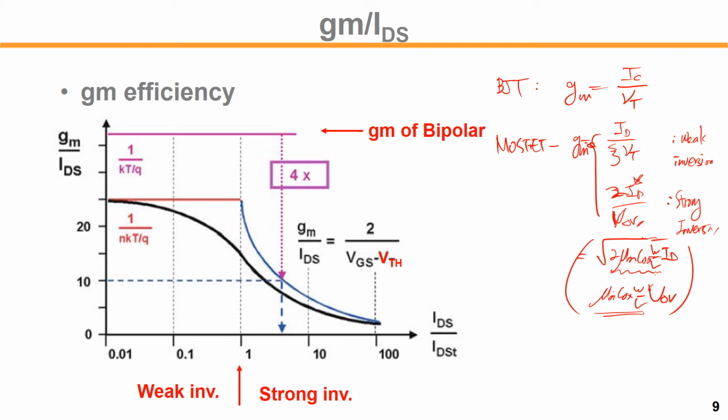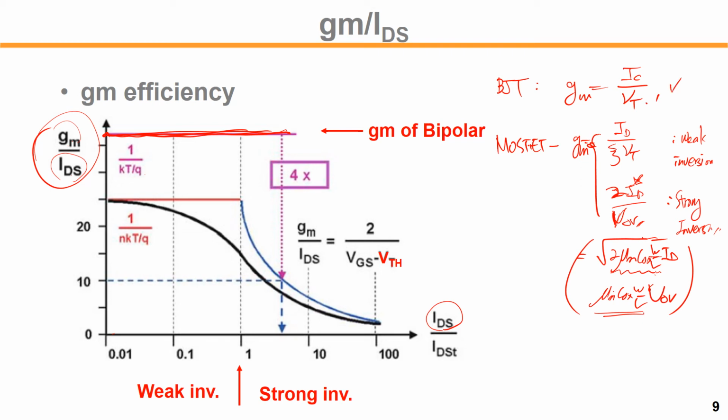If you plot the difference here, 1 over VT, where VT is kT over q, is this level for the BJT's gm over ID. For a given current, the gm is given by 1 over kT/q.